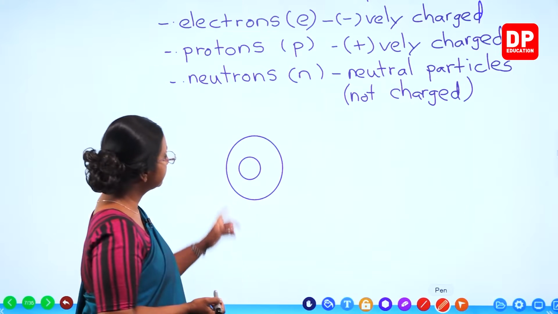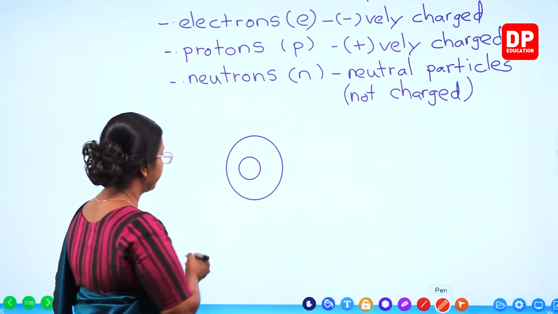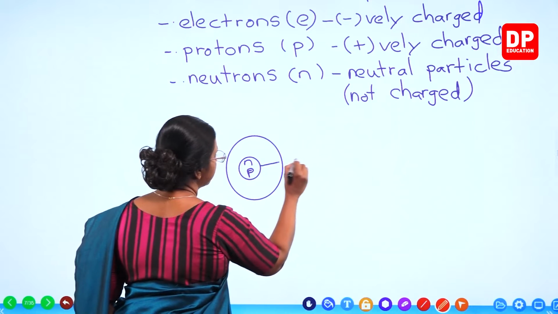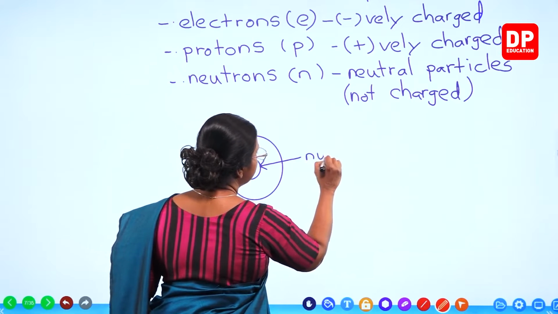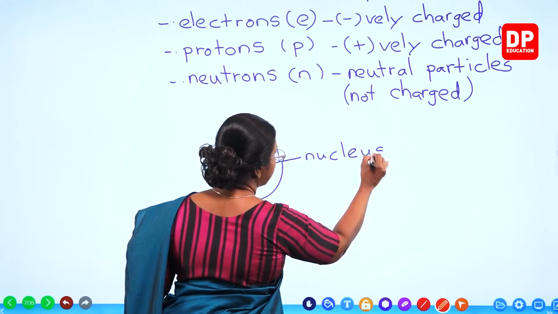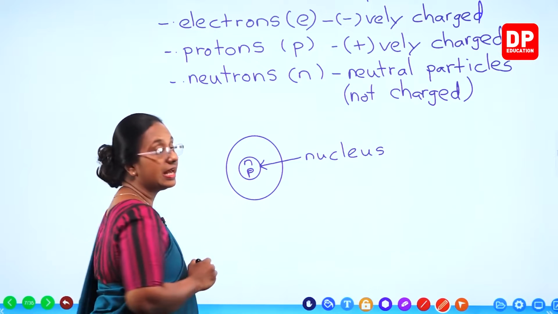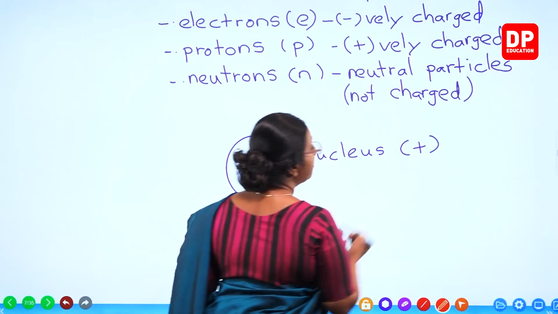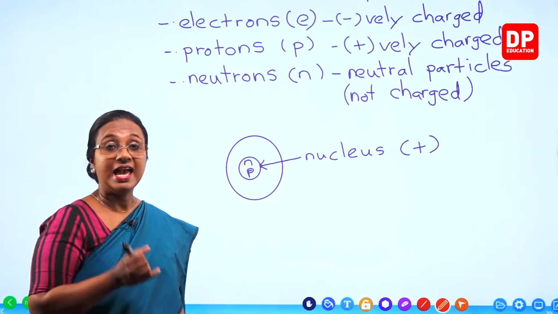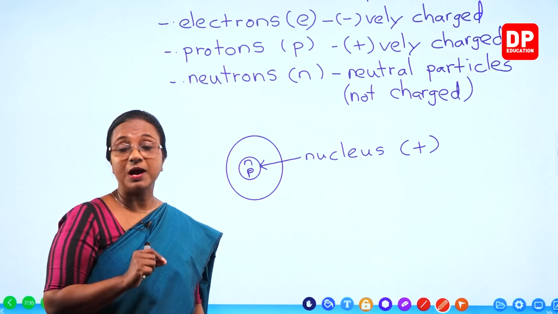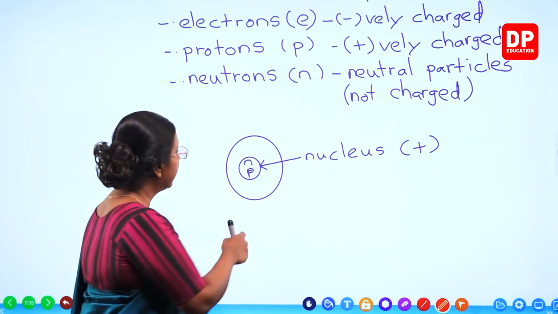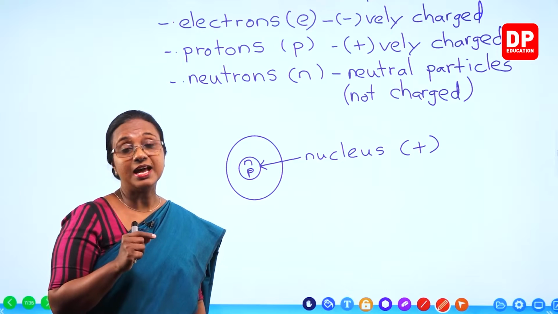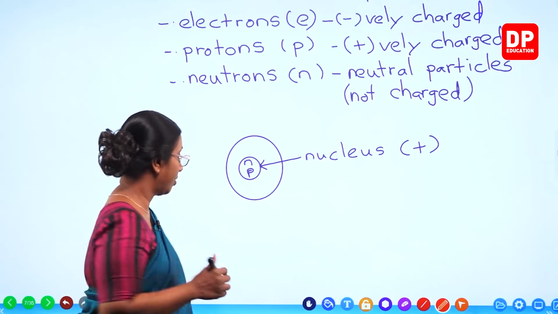If we just consider the basic structure of an atom, here you have both neutrons and protons, and this is known as the nucleus. Since it has the positively charged protons, the nucleus is also positively charged. And that is a very tiny part of the atom. And around that there is a lot of space, and within that space you get electrons.